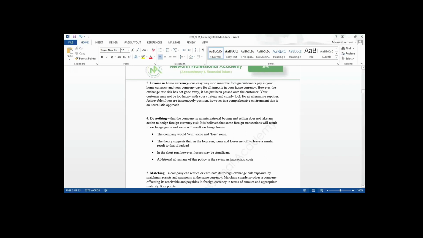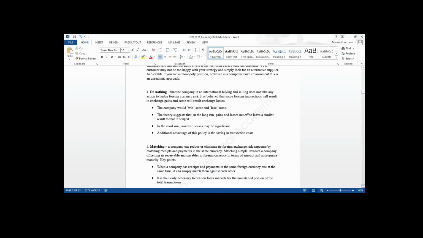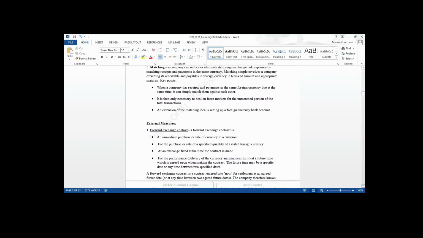It is believed that some foreign transactions will result in exchange gain, while some will result in exchange loss. At the end of the period, the exchange gain and exchange loss will cancel out each other. That is the concept of do nothing. All right, please let us take note of those discussions.